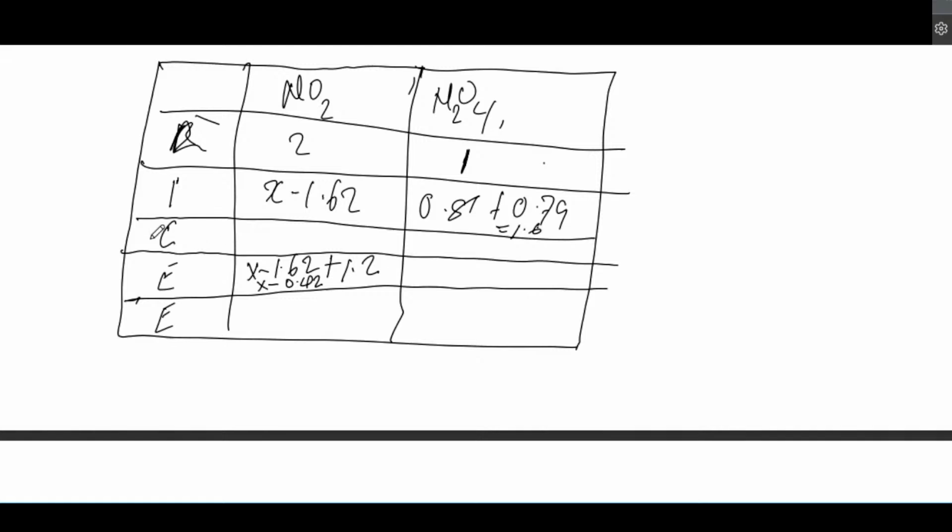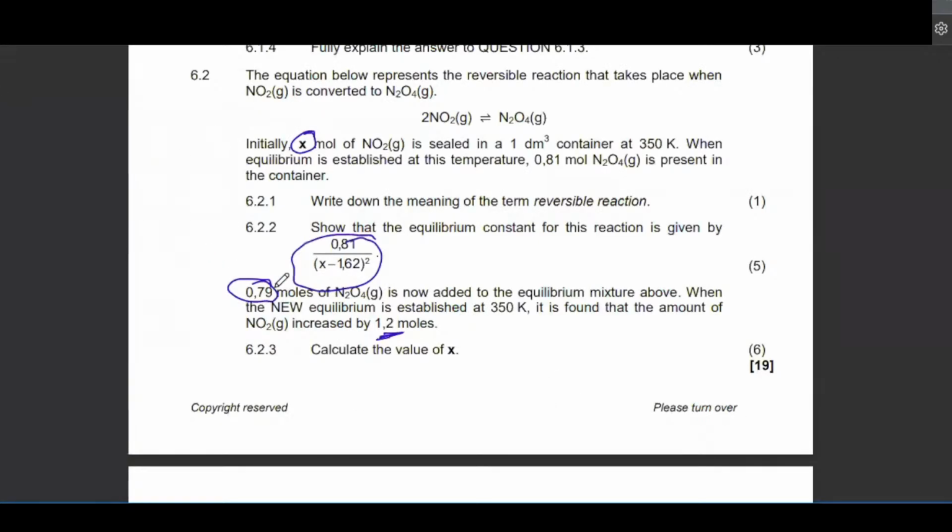Yes, so what was used? If you go back here, you'll see that they're saying that 0.79 moles was now added to the equilibrium, and when the equilibrium is established, the amount was found to be this.